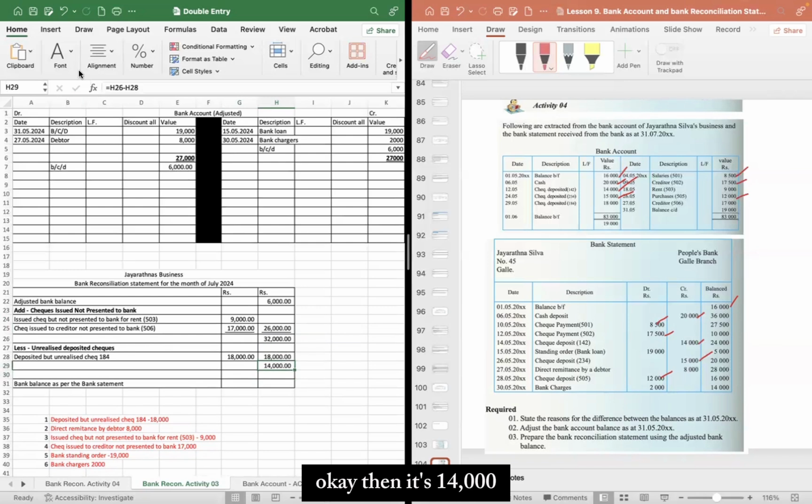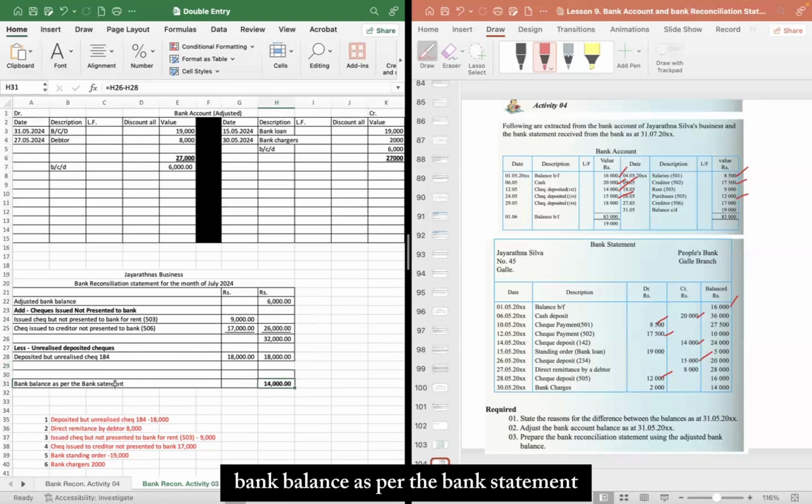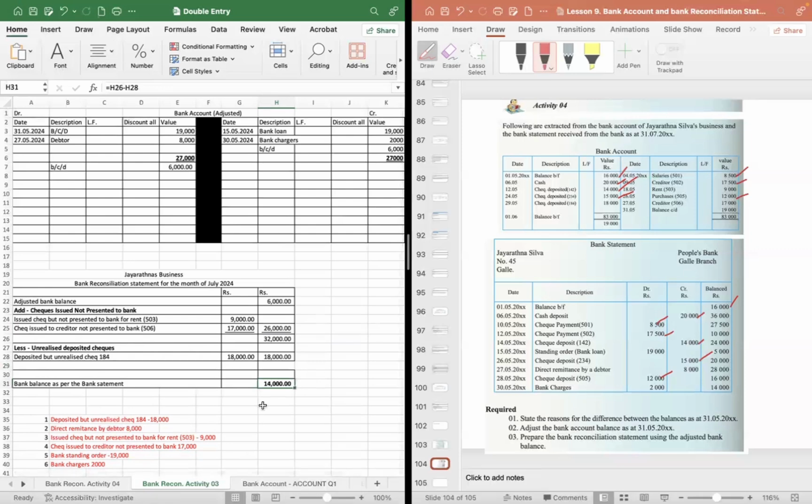Okay then it's 14000. bank balance as per the bank statement කියන එක 14000 එනවා. Right. එතකොට ඇත්තටම මම දැන් බැලුවොත් එහෙම මගේ bank balance එක bank statement එකෙත් 14000, මෙතන adjusted balance එකත් 14000.